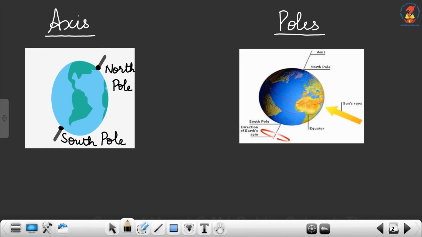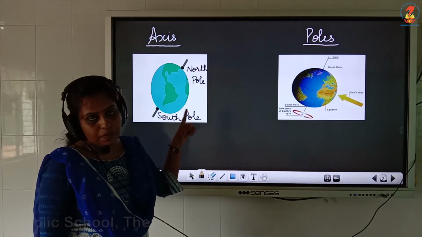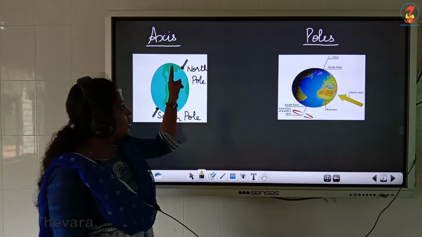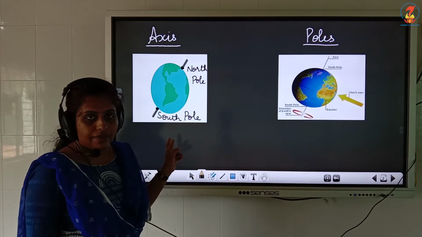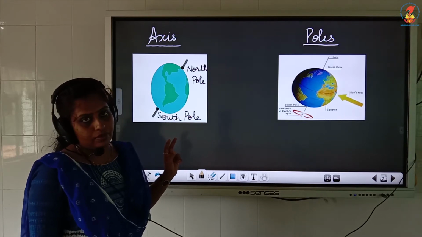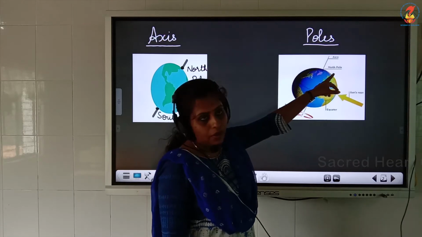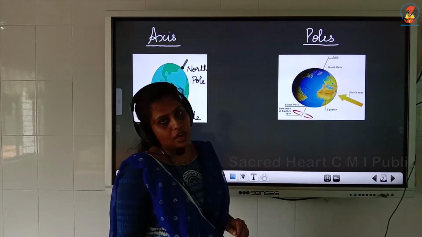I repeat once more, an imaginary line that runs through the center of the earth is called an axis, and on this axis our earth spins. The axis has two endpoints. On the top we have the North Pole and at the bottom we have the South Pole. You can see the poles written here.